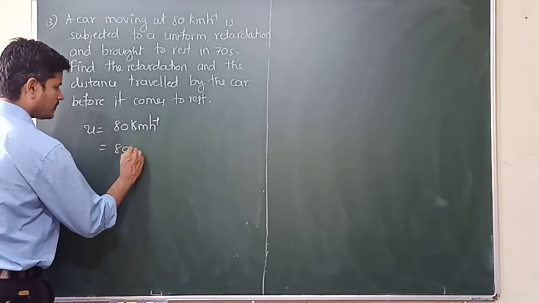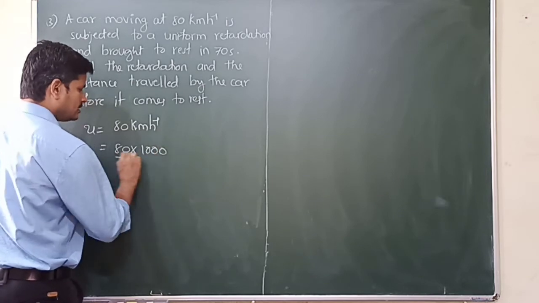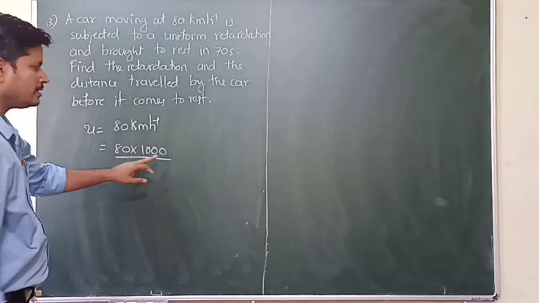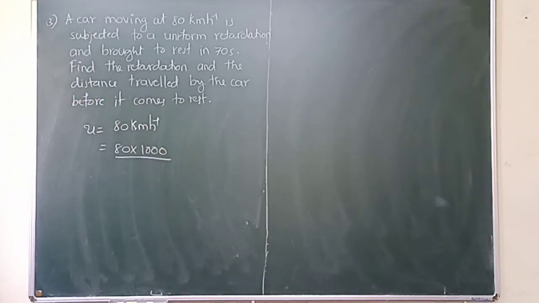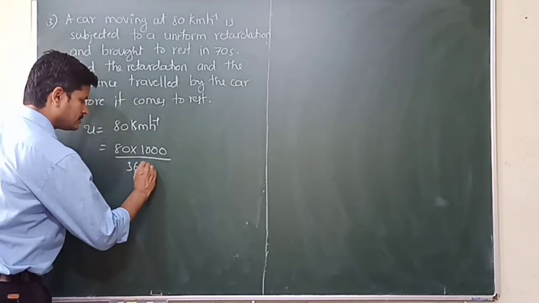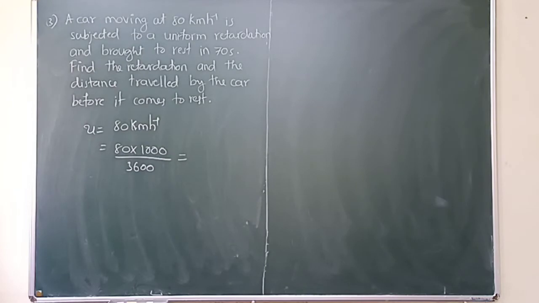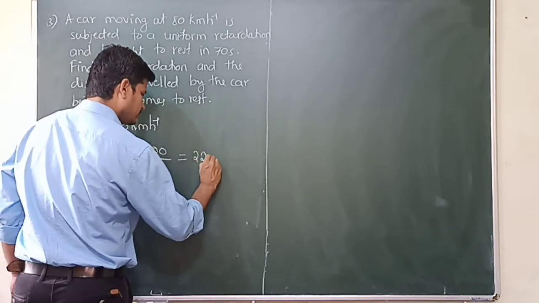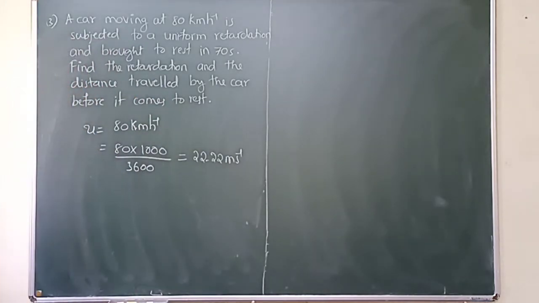For that, 80 into kilo, kilo means 1000, divided by hour. Convert hours into seconds. 1 hour is equal to 3600 seconds. Simplify, you will get the answer of how much? 22.22 meter per second, right? This is the initial velocity of the object.